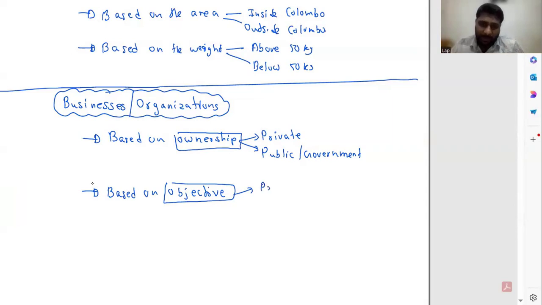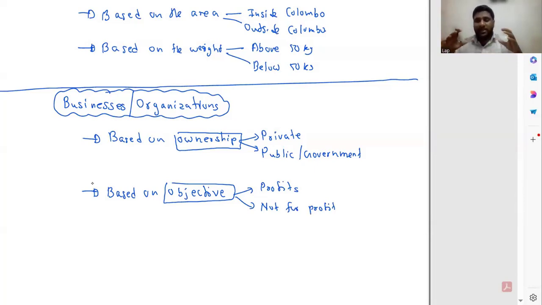There are certain businesses whose objective is not making profits. Take the Sri Lanka Education Department. Is that organization's motive making profits? No, it is having a proper system in Sri Lankan education. So there are businesses which are not for profit also.